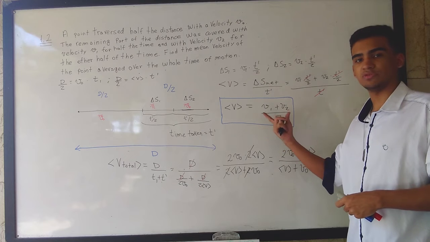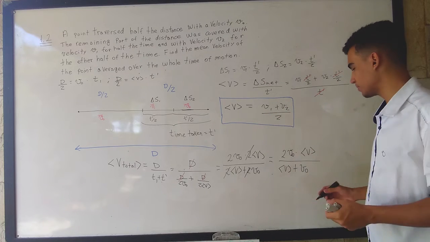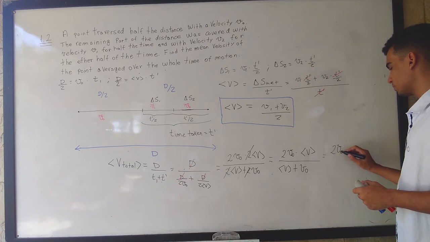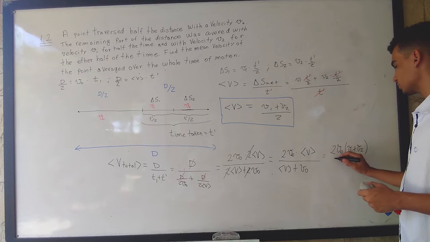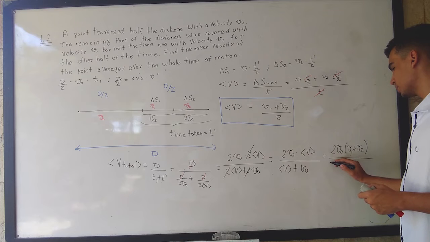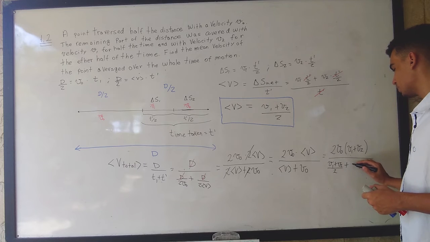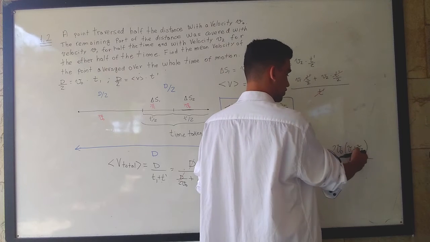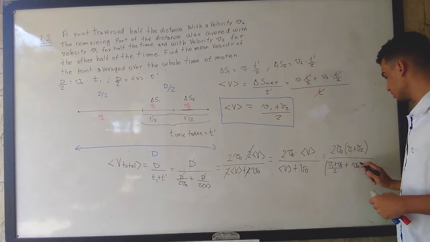But what is average V? We discovered that it is (V1 plus V2) divided by 2. So we just need to put that here, and it will be equal to 2v0 times (v1 plus v2) divided by, v average again, that is (v1 plus v2) divided by 2, plus v0. These are also divided by 2, so we need to put that here.